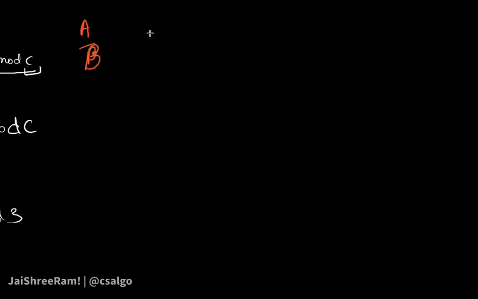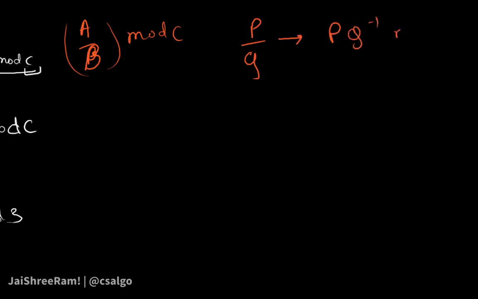So in problems where you need to find something like this, after reduction and everything, if it is of the form p by q, then report p times q inverse, mod, let's say, 10 to the power 9 plus 7.